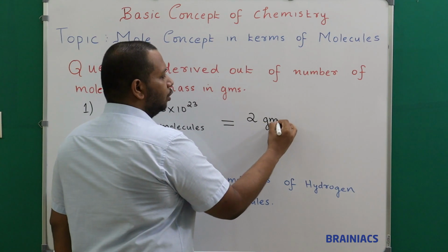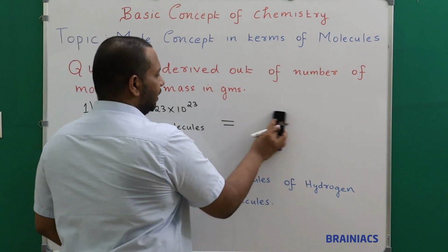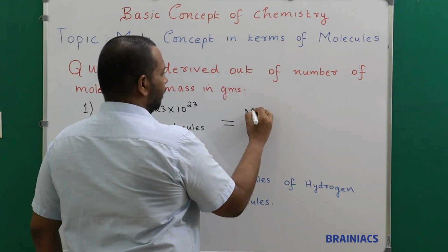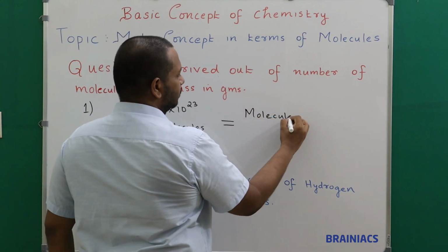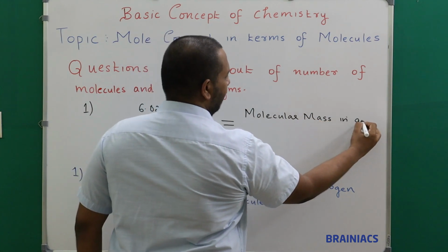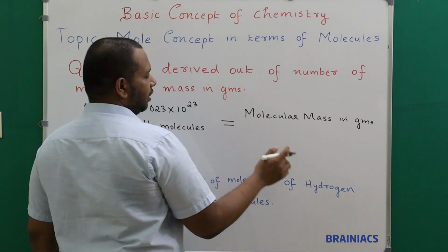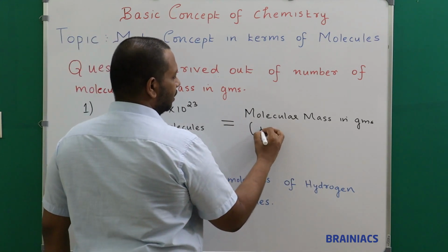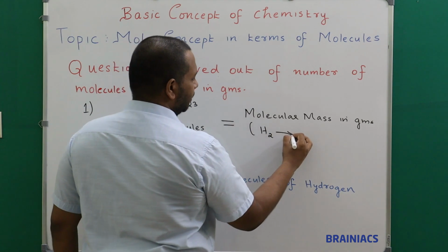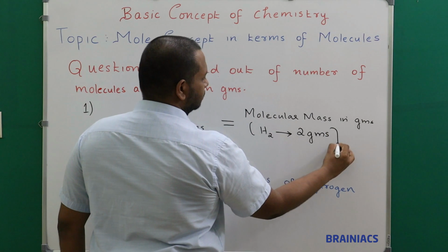So I can say 2 grams, or I should say explicitly like this for initial learning: molecular mass in grams. And who is the element we are speaking about? Hydrogen. So this becomes 2 grams.